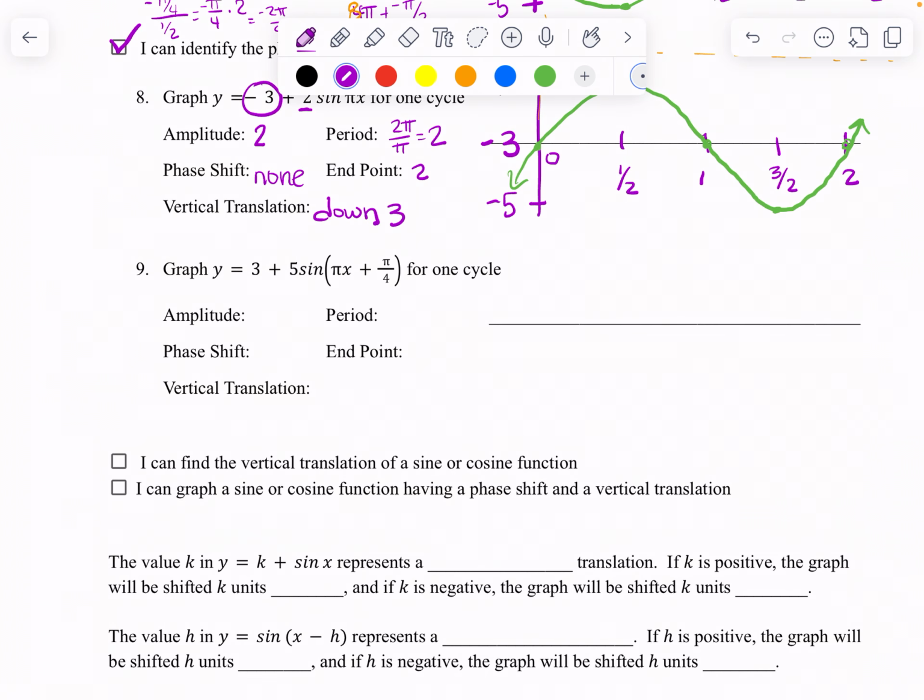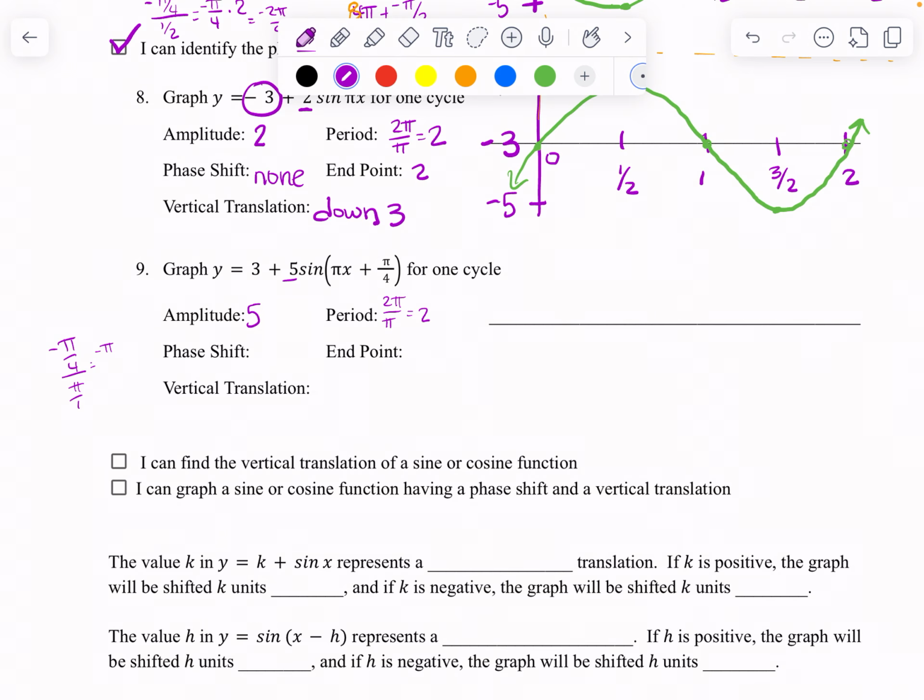All right, number 9. It says graph 3 plus 5 sine of pi x minus pi over 4. This has everything. This is all of it. Okay, so my amplitude is 5. My period is 2 pi over pi, so 2. My phase shift is negative c over b.